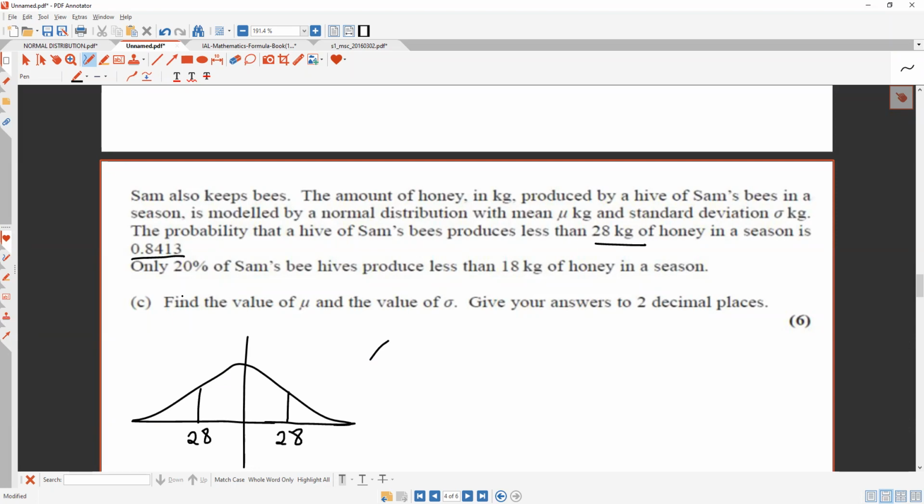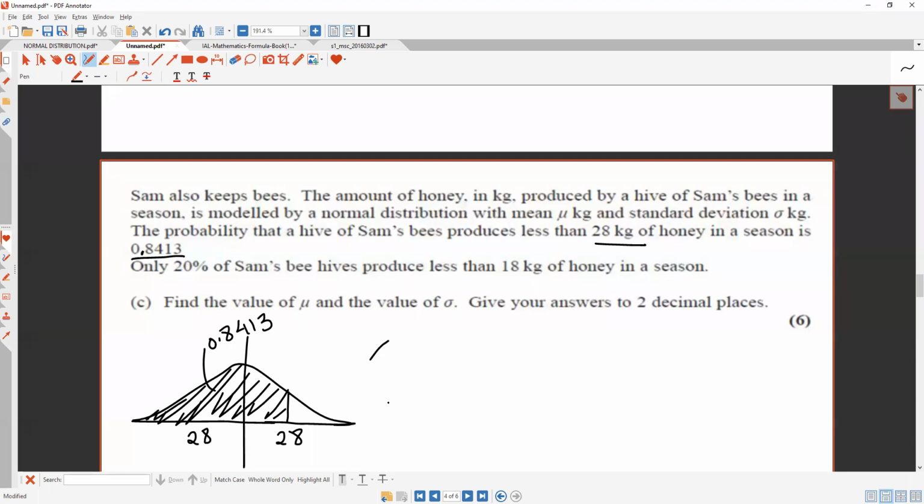Look at the probability. The probability is much higher, meaning more than 0.5. So definitely it has to be here. 0.8413 should be over here. Clear? It has to be somewhere over there only.